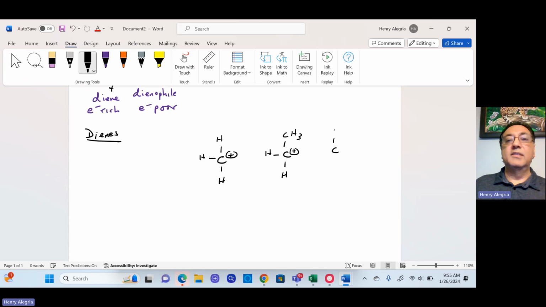Then we can have a secondary, which is way more stable than the primary. And of course, then we can have the tertiary, which is going to be the most stable that we have. So as I'm going from left to right here, I'm getting increased stability.